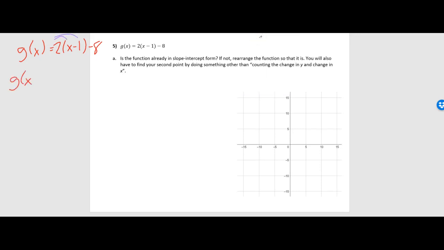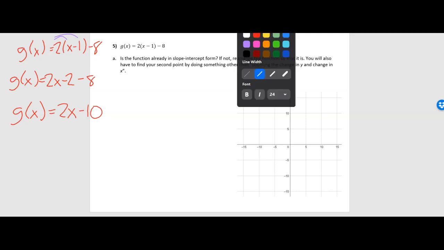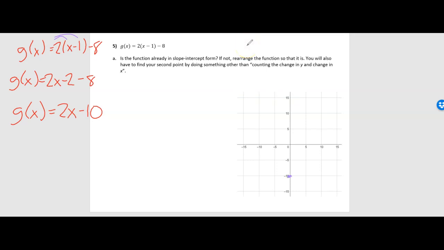So I'll get g of x is equal to 2x minus 2 minus 8. And that will give me g of x is equal to 2x minus 10. So this pretty clearly gives me my slope and my y-intercept. It's already in slope-intercept form. My y-intercept is -10, so I can plot that point.